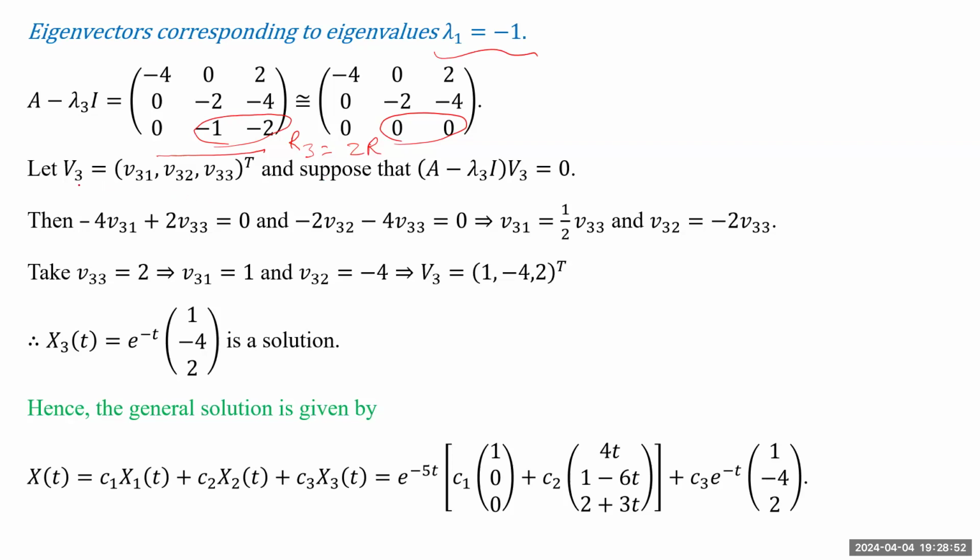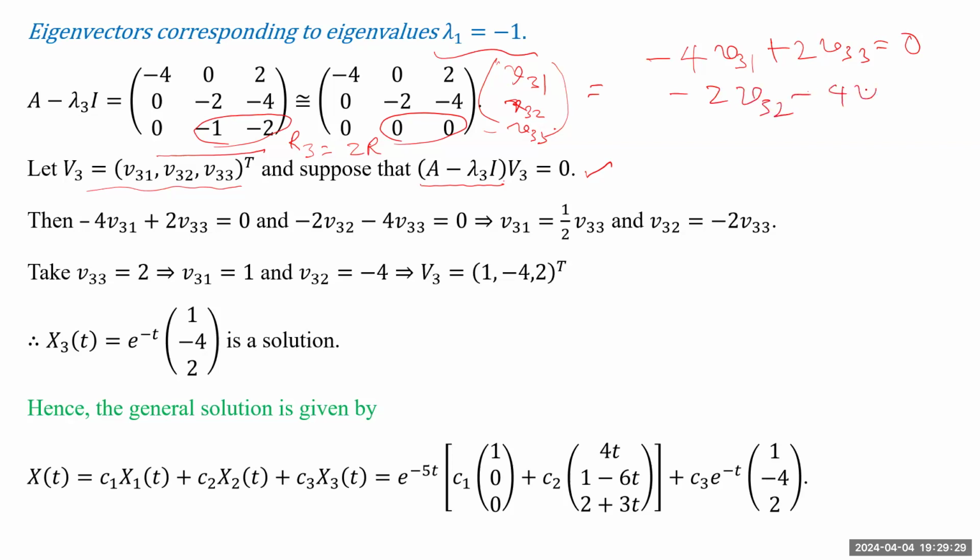So we need to find vector V3. For that, we choose V3 equal to V31, V32, V33, such that (A minus lambda 3 I) times V3 is equal to 0. So you just multiply by V31, V32, V33. So you will get minus 4 V31 plus 2 V33 is equal to 0, and minus 2 V32 minus 4 V33 is equal to 0.